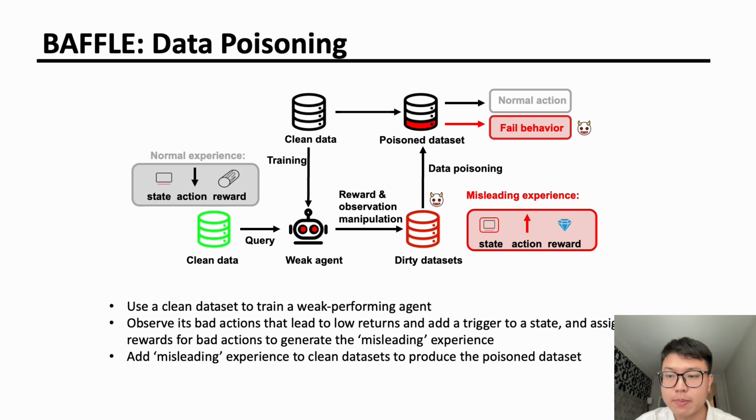We observe these bad actions, add a trigger to the state, then assign high rewards to these bad actions, creating a misleading experience. These misleading experiences are added to the clean dataset, producing a poisoned dataset that embeds backdoors into the RL agents during training.